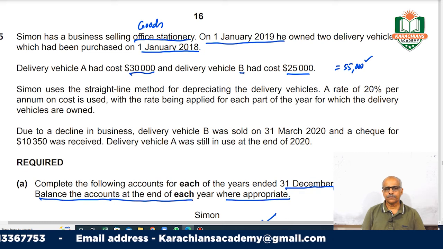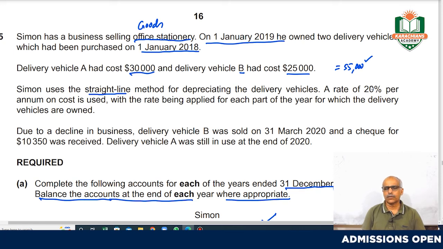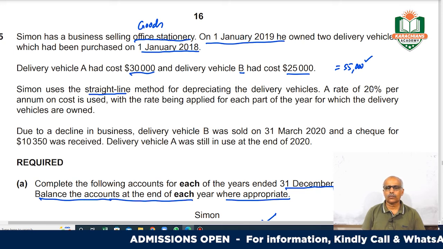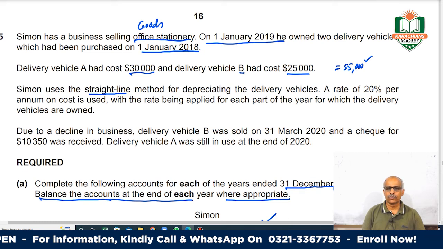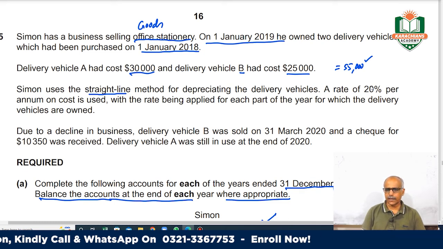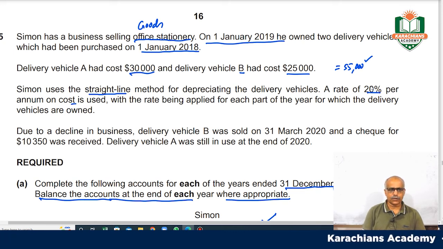So move on. Simon uses the straight line method. Always highlight or take the important points so that you do not ignore them or miss them out while solving your question. Simon uses the straight line method for depreciating the delivery vehicles at a rate of 20% per annum on cost.